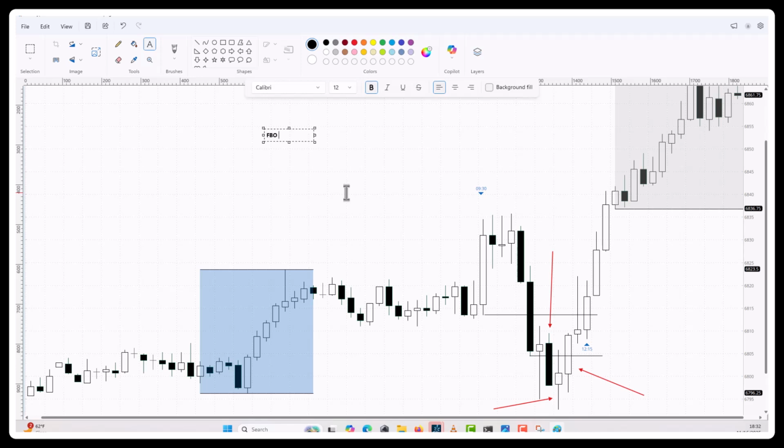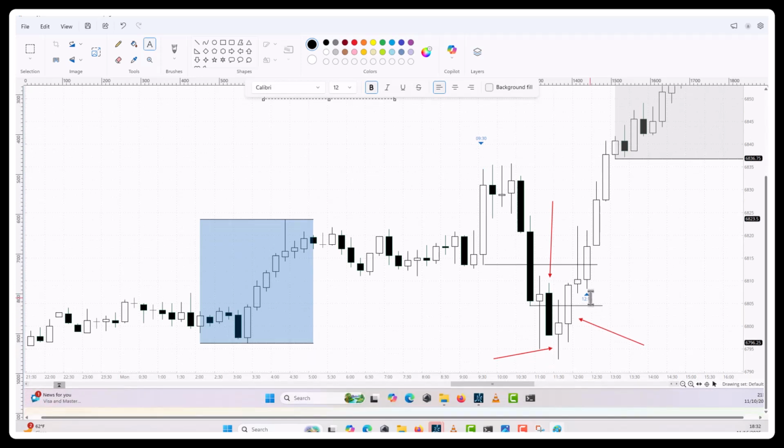It's for breakout type 1, and in this case it's just continuation, right there. In this case, it's at 11:45.